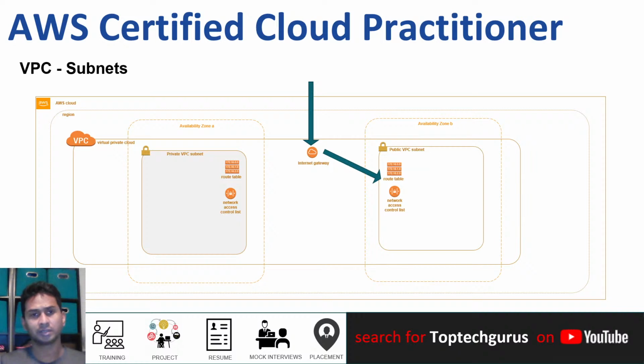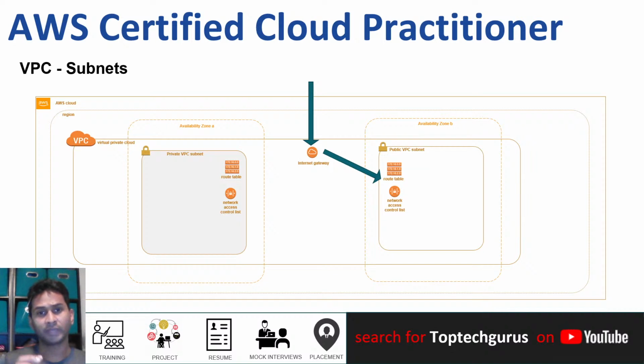Here you see two VPCs: one is a private VPC and the other is a public VPC. How you know one is public versus private is that if the route table has access from the internet gateway, meaning the internet gateway can connect into the route table, then you have access from the outside world, not only within the VPC or the subnet, to connect to the other resources inside.